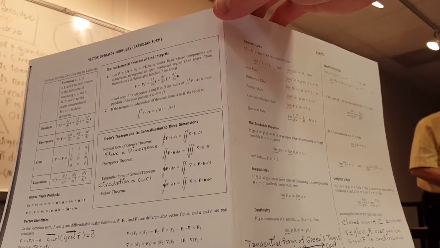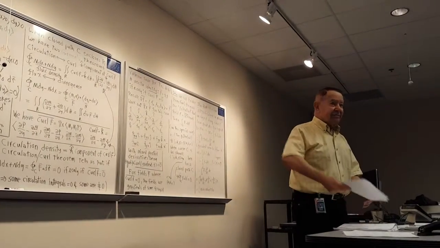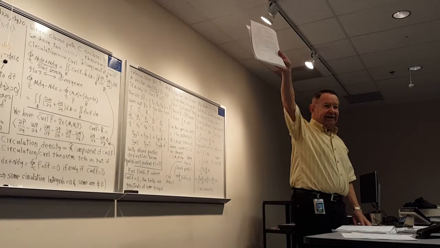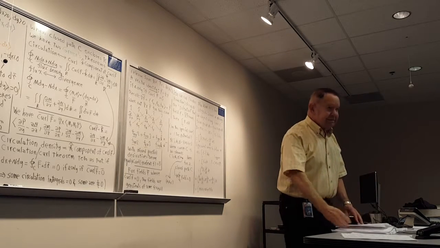So that says the curl of a gradient is always zero as an identity. Has everybody found where I am on this? On the big sheet of paper?